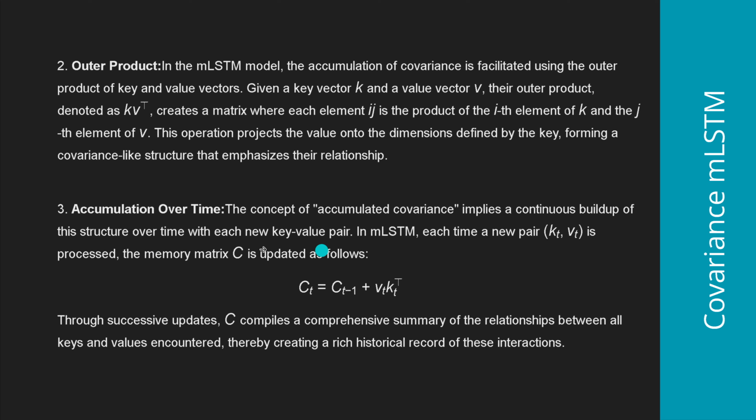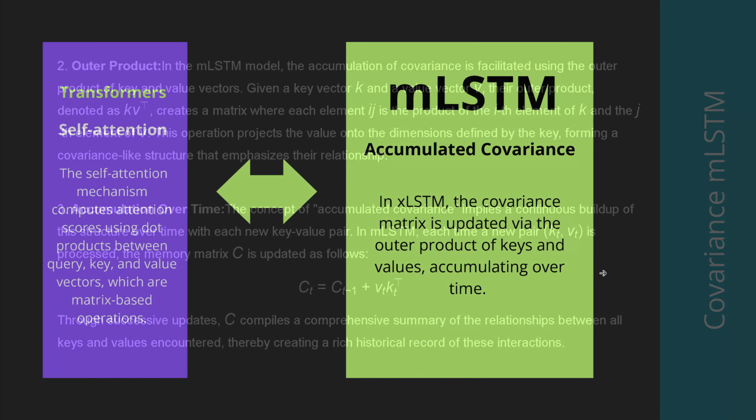So as you see here, if we operate now with our memory matrix C, the update structure for our memory matrix C at the time t, if we think about C at the time step t minus 1, is simply that we add the outer product of our particular key value set. This is all there is to it. And you go on into the training process, and in the end, you have compiled a comprehensive summary of all the relationships between all the keys and the values you encountered in your training dataset.